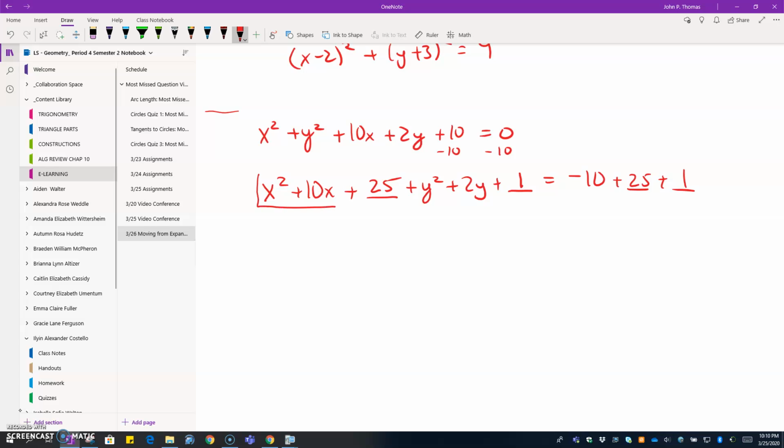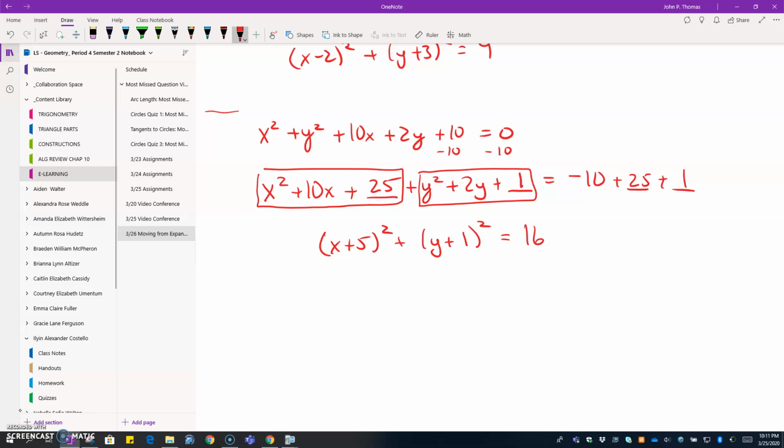Now I'm going to look at factoring each of the perfect square trinomials that we created. Alright, so the first one's going to go to an x plus 5 times x plus 5, or x plus 5 squared. The second one's going to go to a y plus 1 quantity squared. And then over on the right hand side I have negative 10 plus 25, that's 15, plus 1 more, that's 16.